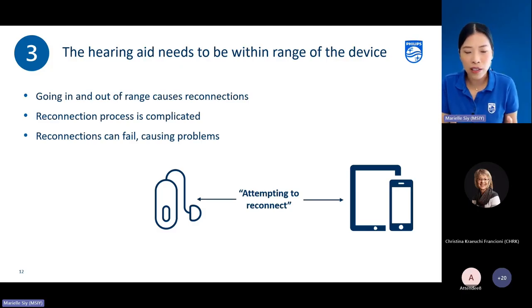Because typically, when a headphone user walks away from their connected phone, they take off the headphones and reconnect when they need to use them again. But a hearing aid user is not going to take off their hearing aids when they are done streaming from their phone. So that's why they often notice this problem more often.